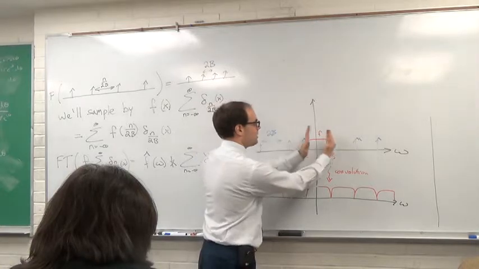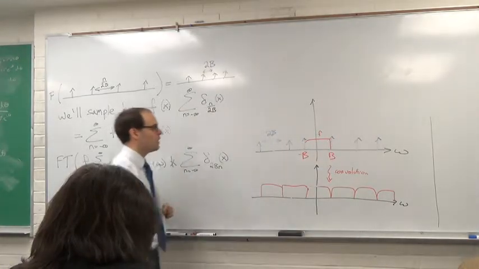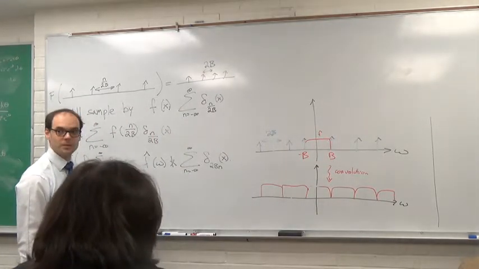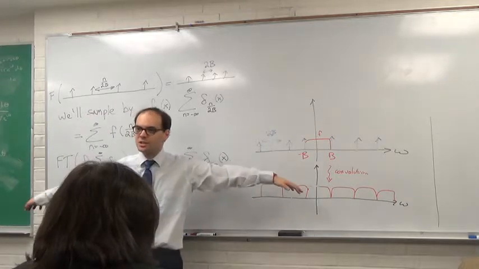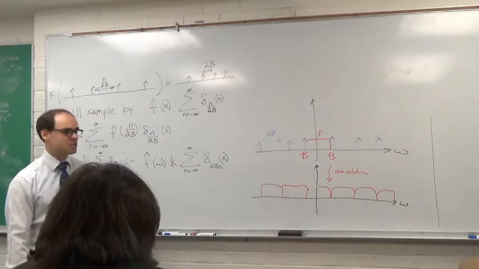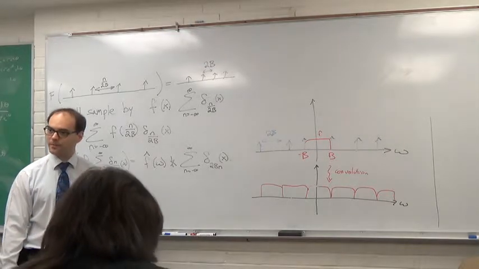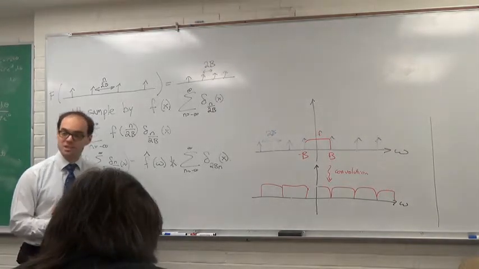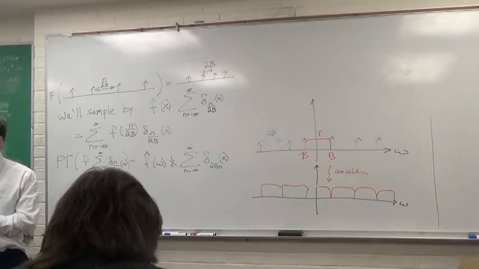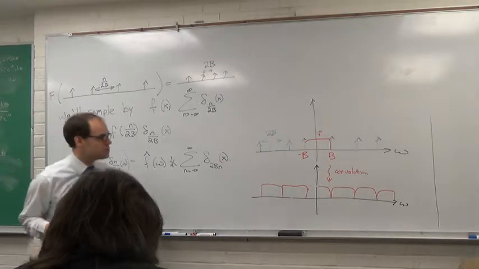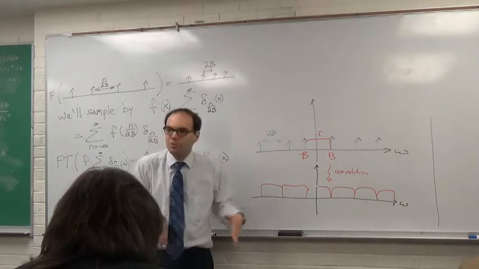Then these guys get closer together. I take too low of a sampling frequency. Then they start overlapping. I'm taking linear combinations of them, and I don't necessarily know where one blob begins and one blob ends. I start losing information. And this is why the Shannon-Nyquist sampling theorem works. It's telling me exactly the condition at which these two sets of supports are going to butt up to one another.